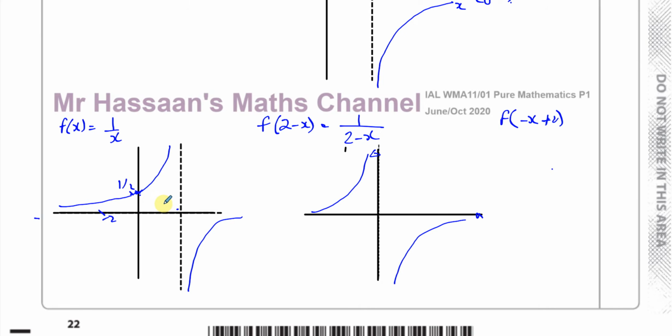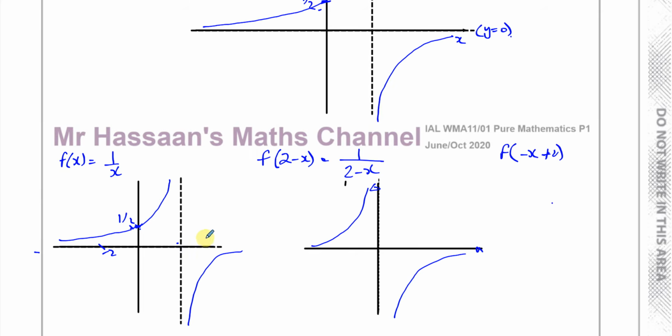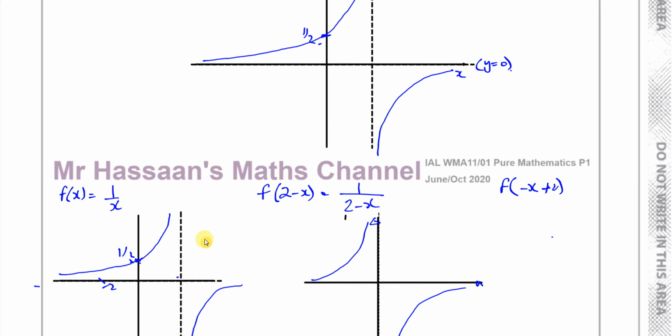Okay, and it's something which is outside of the scope of P1, and it's taught in P3. That's important for you to realize, for those of you who try to do it using transformations.